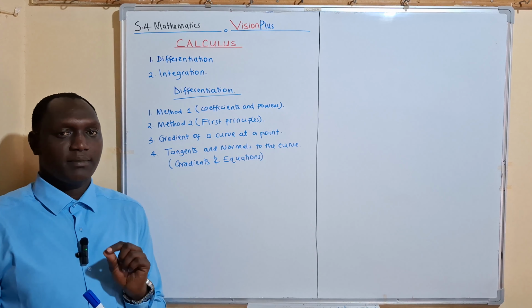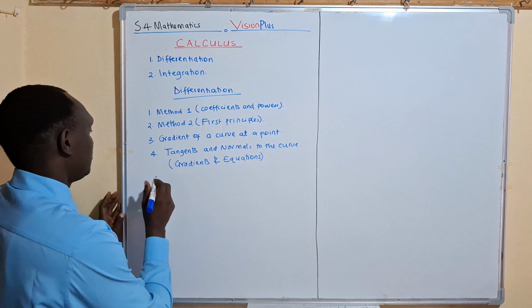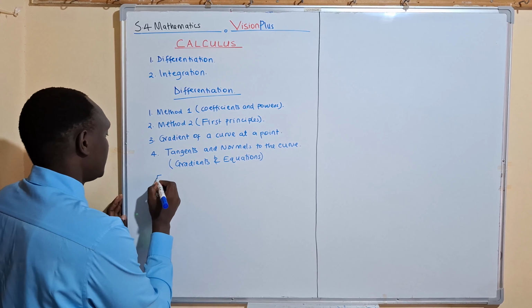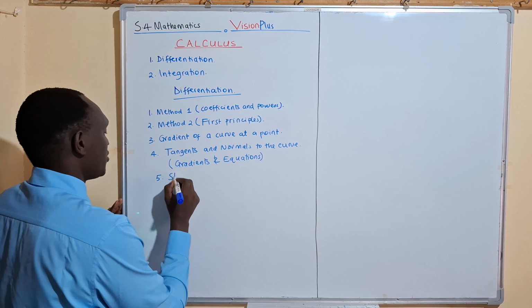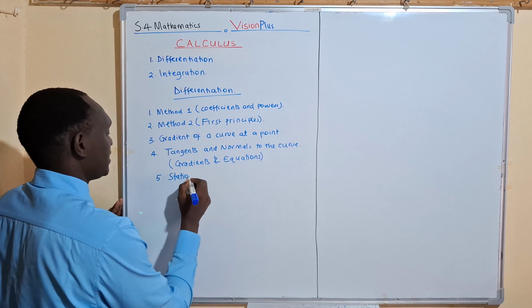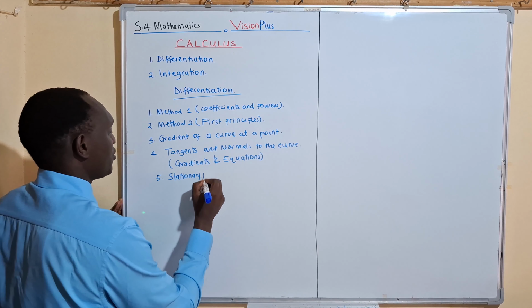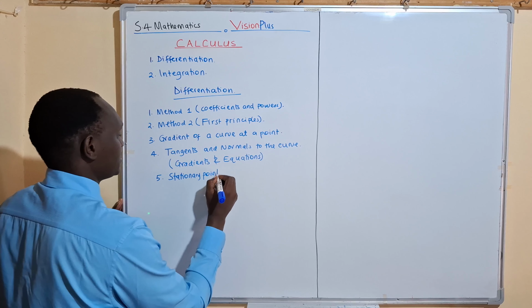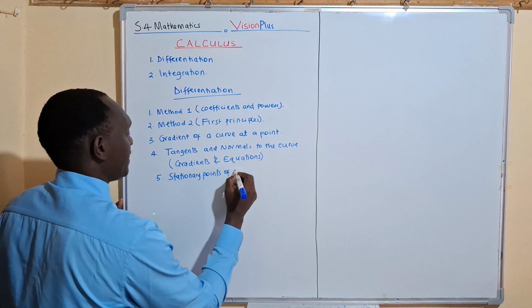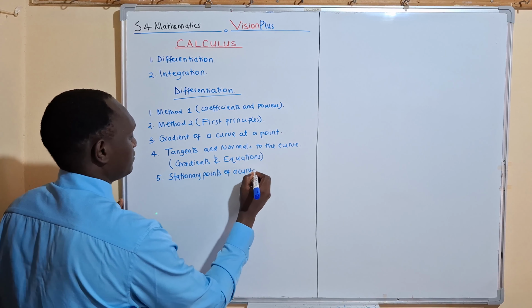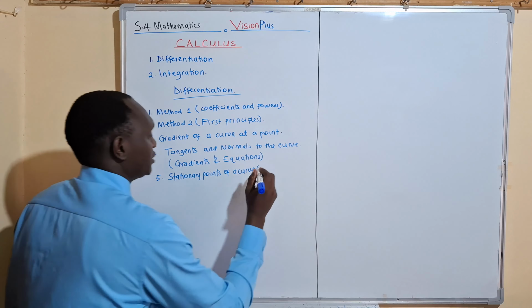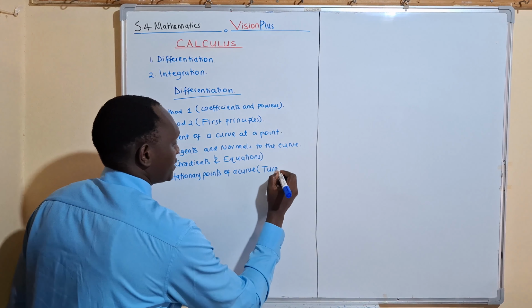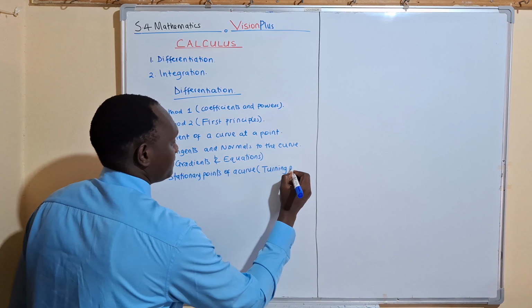And then number 5, we shall look at stationary points of a curve. In other words, we call stationary points turning points of the curve.